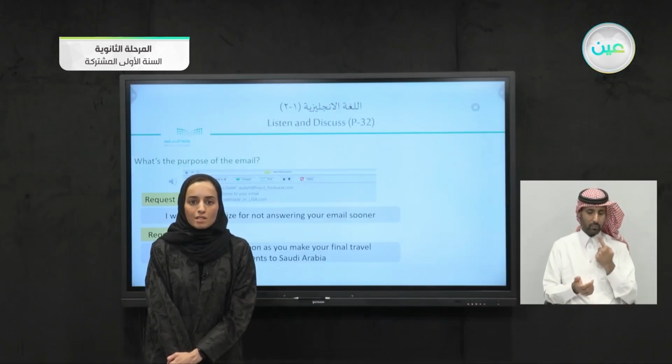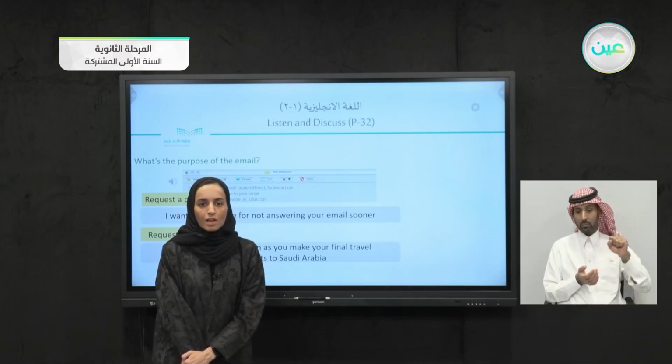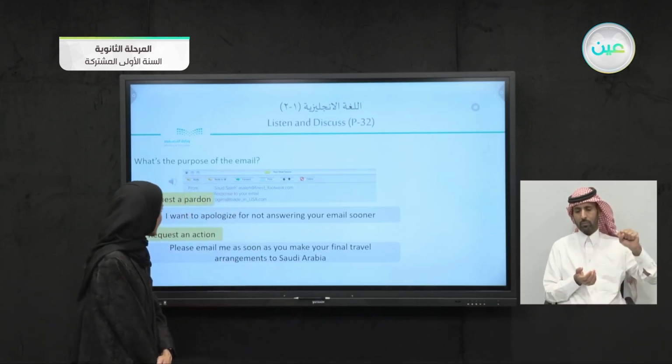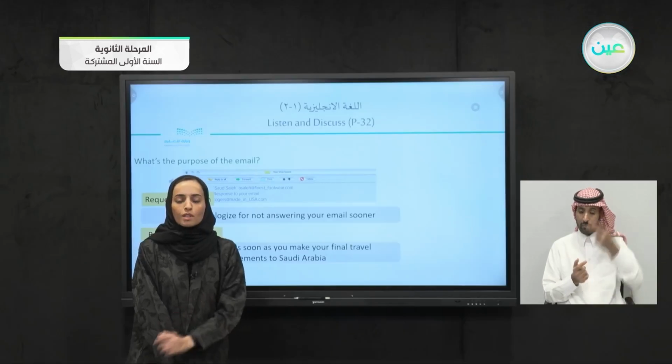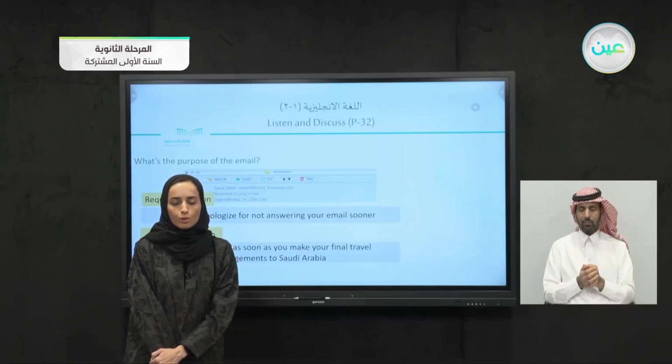So this email is written by Mr. Saud Saleh to Mr. Rogers for two things: to say that he's sorry, to apologize, and to request an action. Please reply to my email once you are done with the thing that I have told you.